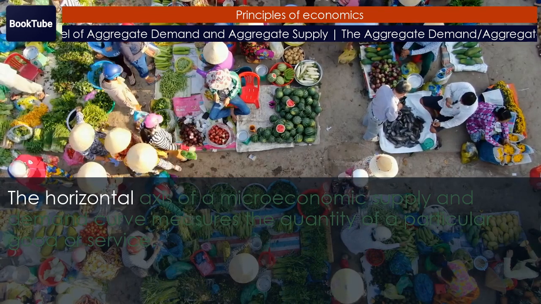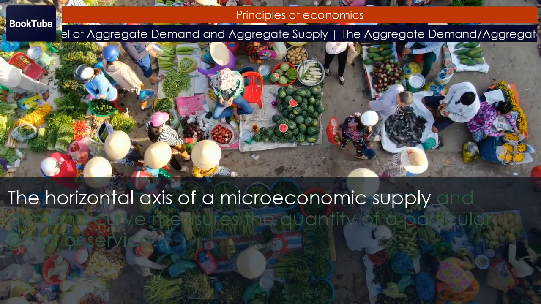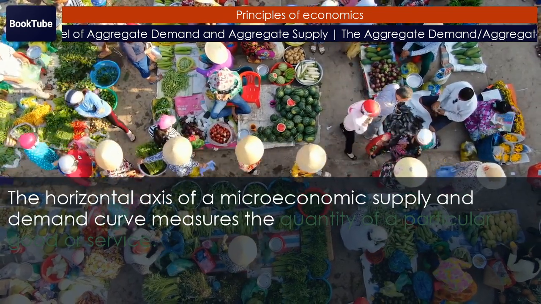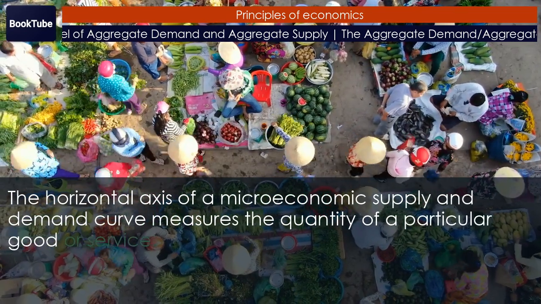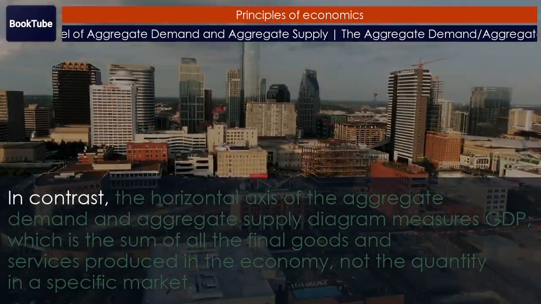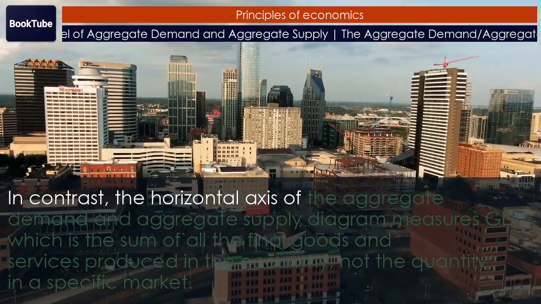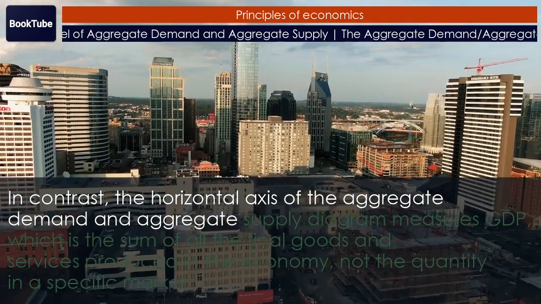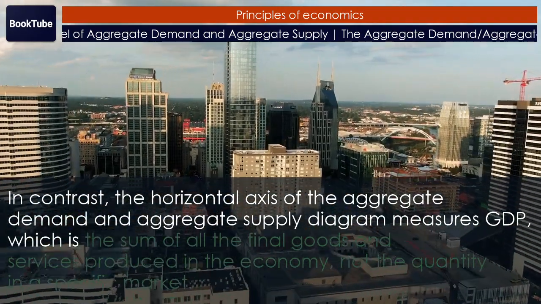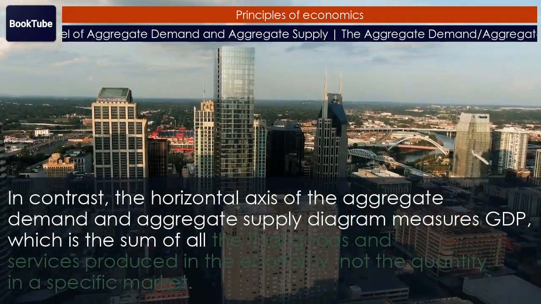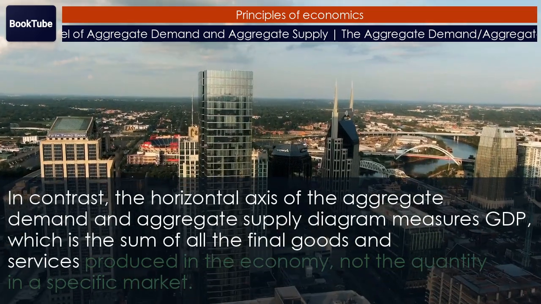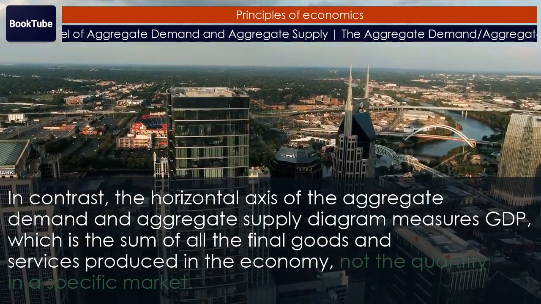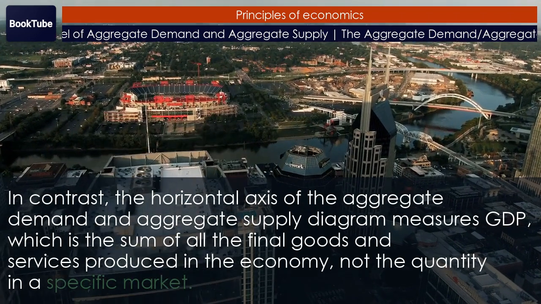The horizontal axis of a microeconomic supply and demand curve measures the quantity of a particular good or service. In contrast, the horizontal axis of the aggregate demand and aggregate supply diagram measures GDP, which is the sum of all the final goods and services produced in the economy, not the quantity in a specific market.